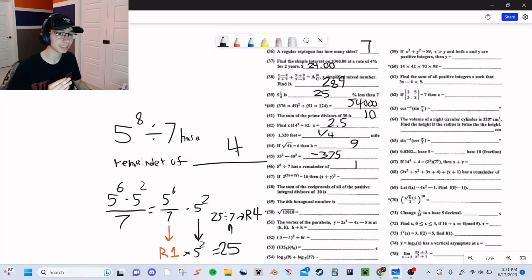I want to make sure you guys understand this because this is one of the tougher number sense concepts to get a grasp of. I'm going to take it one more step further.